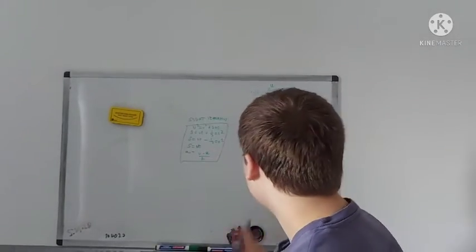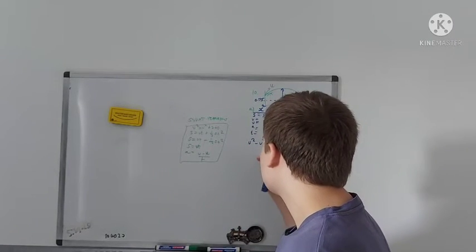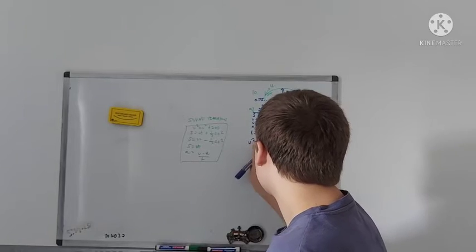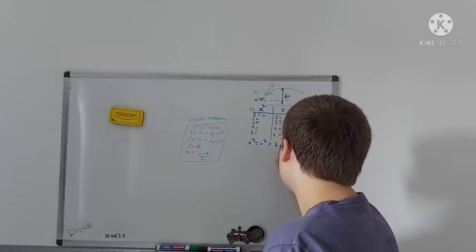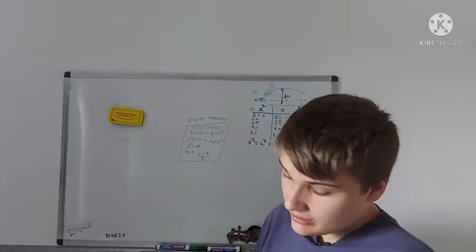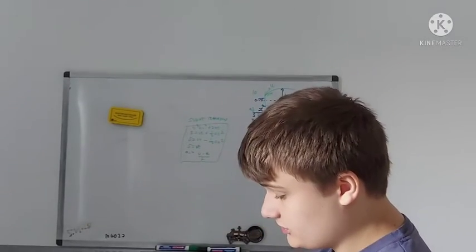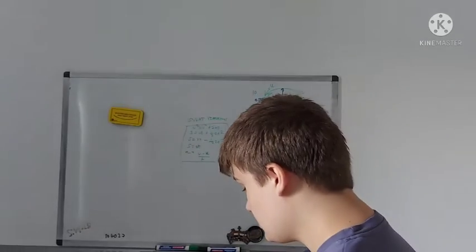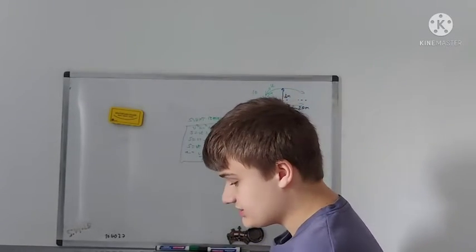Now initially I want to go straight in with number 1. So we've got v squared minus u squared. In fact no, let's write it the way I've got it: v squared equals u squared plus 2as. Looking at the question on this piece of paper in front of me, I could sub in the 0 for that.